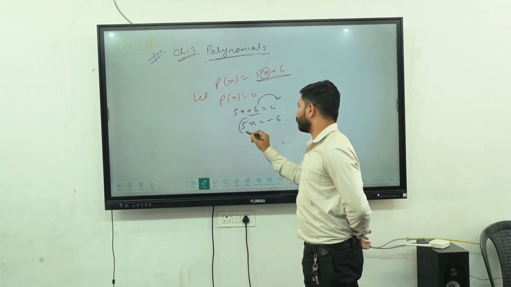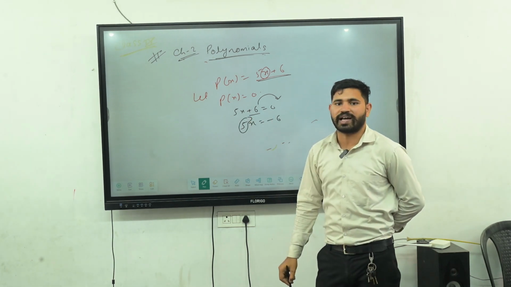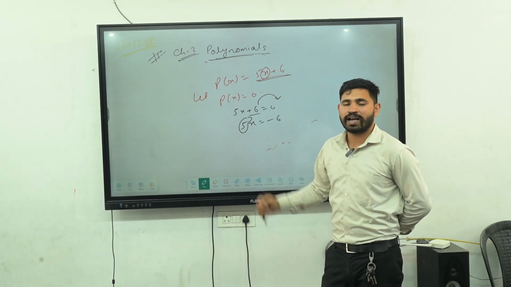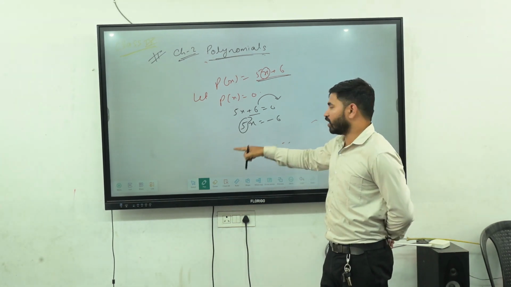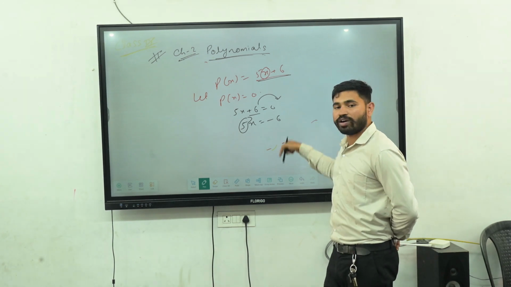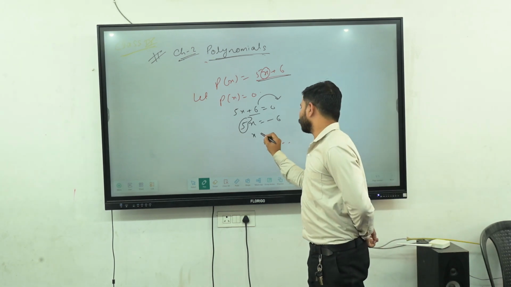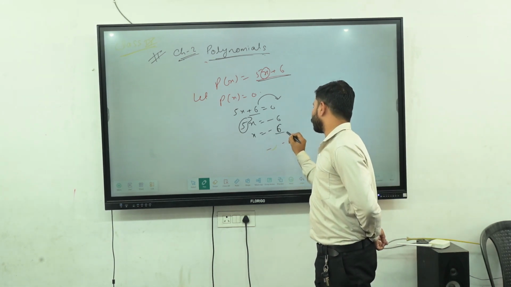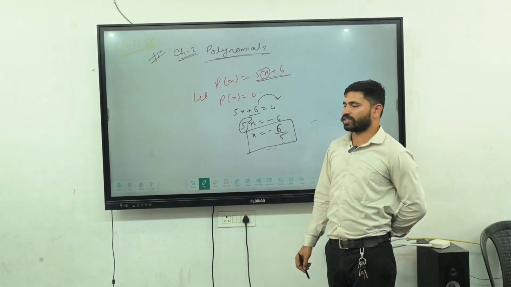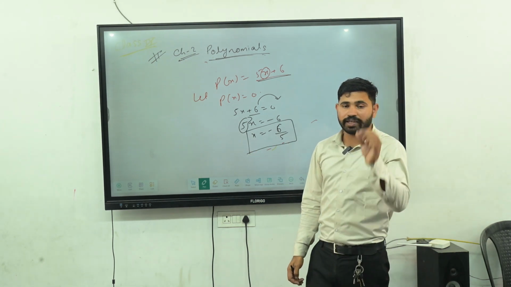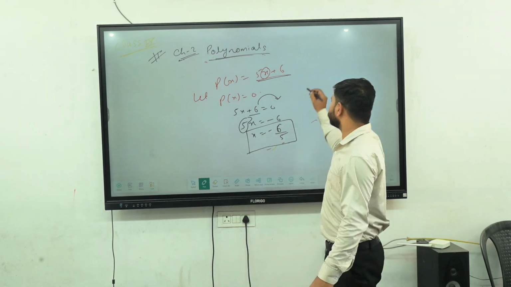And 5 is in the form of a product with x, so when we change the side of 5, it goes to the right side as division. x equals minus 6 by 5. So see this result, x equals minus 6 by 5. It is the zero of the polynomial. What is zero?